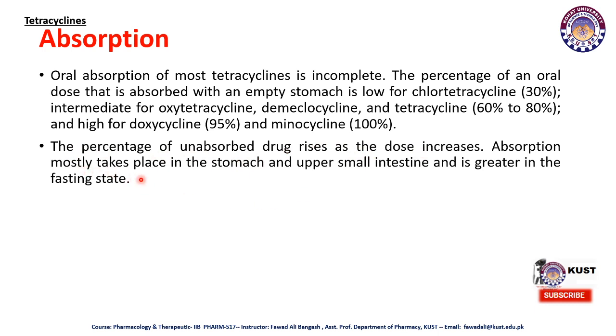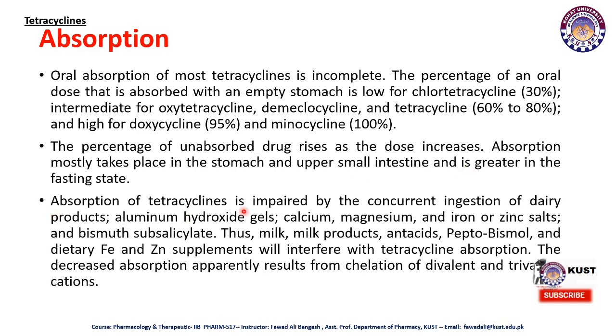Absorption mostly takes place in the stomach and upper intestine and is greater in the fasting state. Absorption of tetracycline is impaired by concurrent ingestion of dairy products. They interact with dairy products and metals like aluminum hydroxide gel, calcium, iron, or zinc salts, and bismuth subsalicylate.